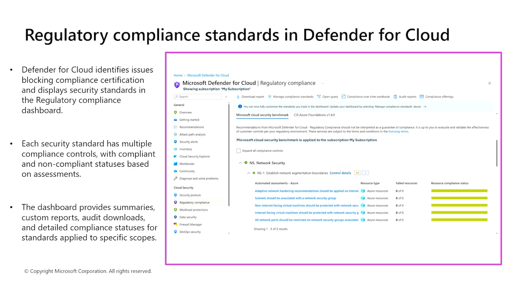To manage and interact with compliance standards in the regulatory compliance dashboards, users can select a compliance standard to see a list of the controls for that standard, view the subscription on which the compliance standard has been applied, and expand a control to view the assessment associated with it and possible remediation actions. They can generate compliance status reports and certificates, which can be shared with relevant stakeholders and auditors.